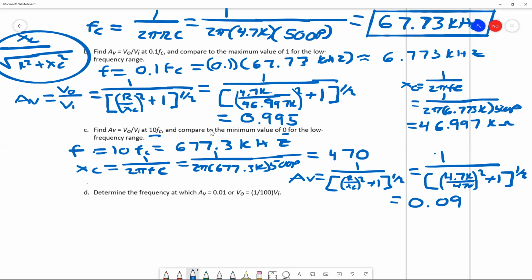Because this is a low pass filter, at very low frequencies you're going to get an almost 1-to-1 output of your signal, which is good because this gain is pretty close to 1, meaning the entire voltage is being passed to the load. Where this one's very small, meaning almost none of it's getting to the load, and most likely the load wouldn't even turn on at this point if you were supplying the minimum voltage or close to the minimum voltage it needed to turn on, which normally you would.